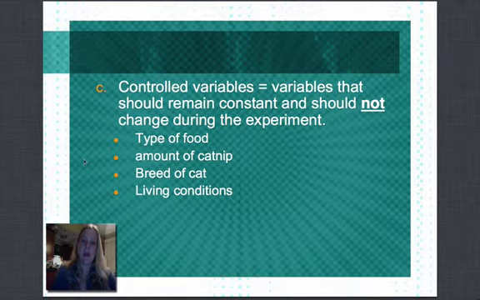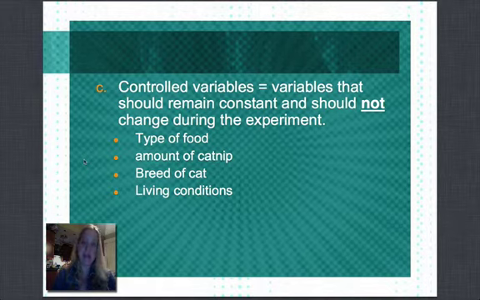We also want to have what's called a controlled variable, and this is a variable that does not change. When we do an experiment, we want to make sure that everything in the experiment for the two groups, or three groups, however many groups we're experimenting with, is the same, other than the thing that we're measuring and the thing that we're manipulating.